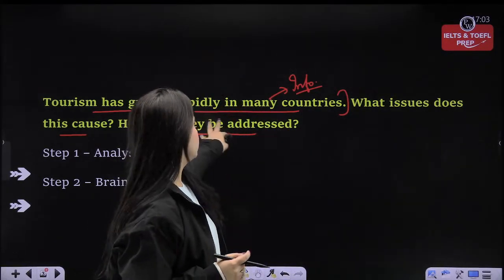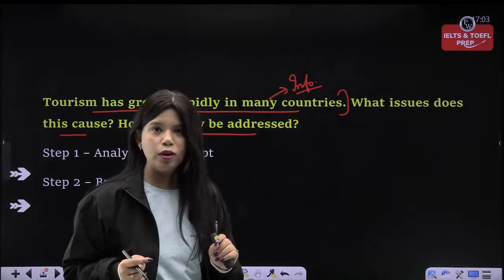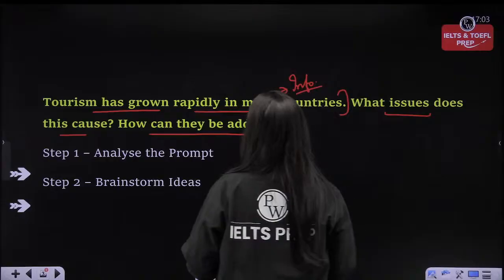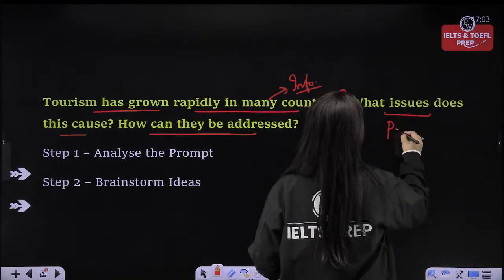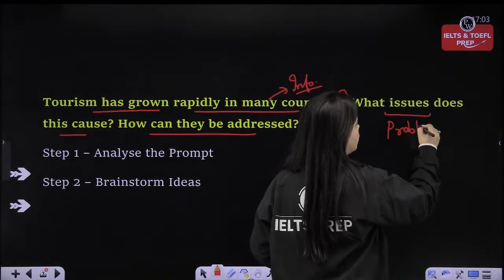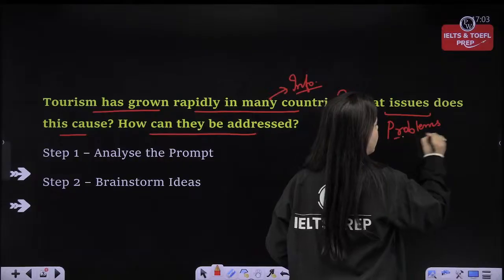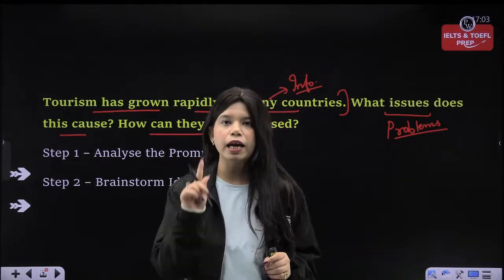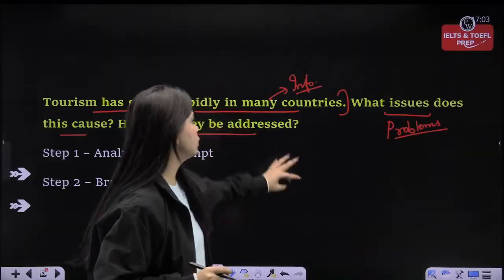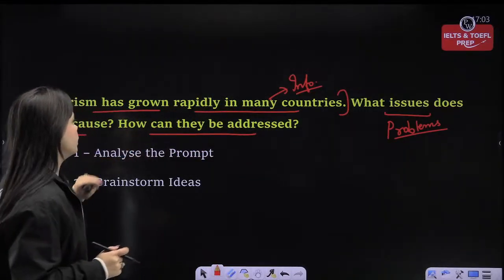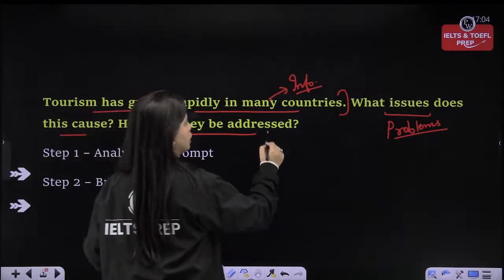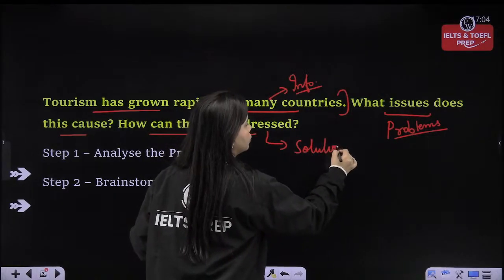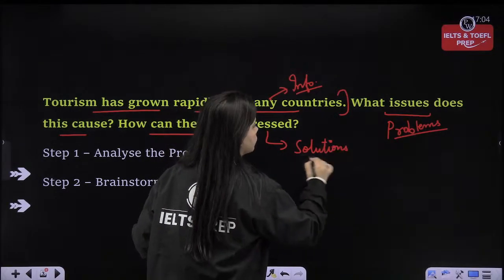So after this information on tourism growth, the very first question is, what issues does this cause? Issues means they are talking about problems. In short, they are saying that because of a growth in the tourism industry, what problems are created? That's our first question. And then the second question says, how can they be addressed? That means here they are asking us for solutions to address these problems.